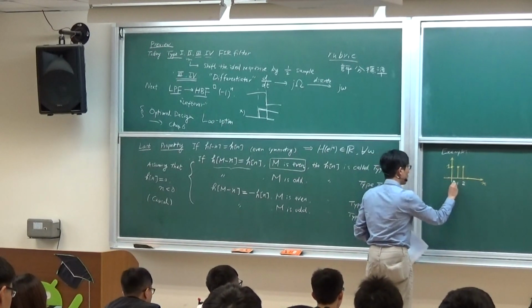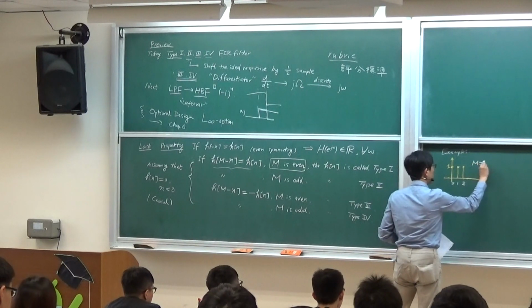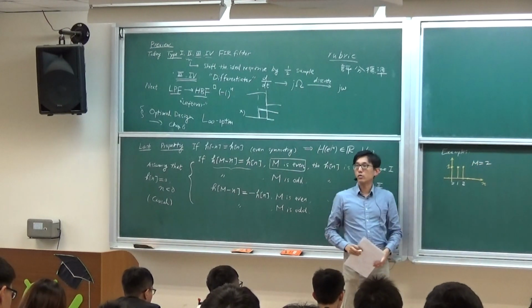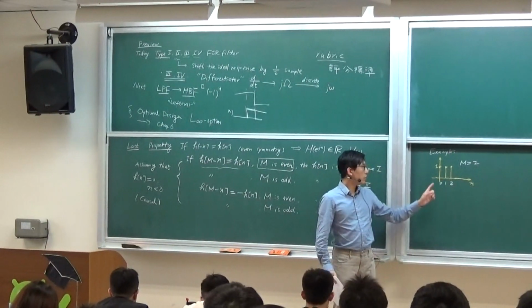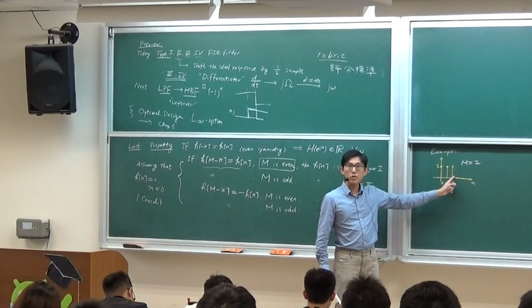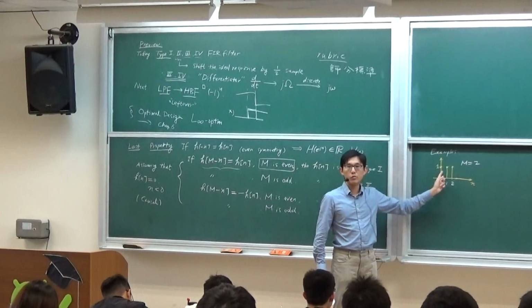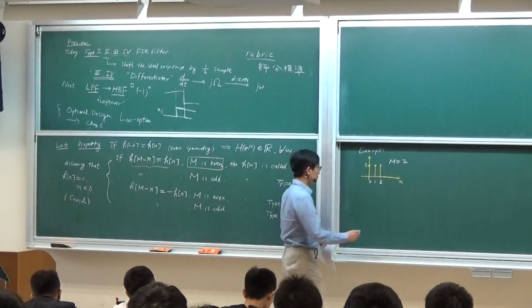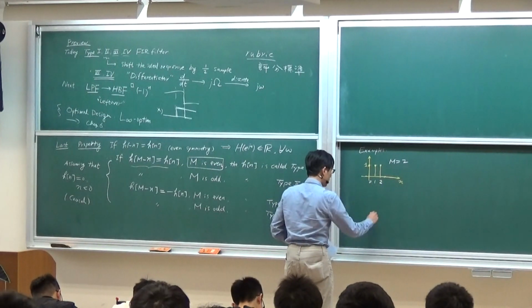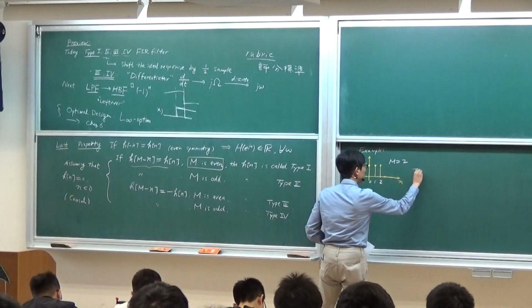The reason is because here m equals 2. So h of 0 equals h of 2, and h of 1 equals h of 1. This is the center sample, okay? So this is type 1.